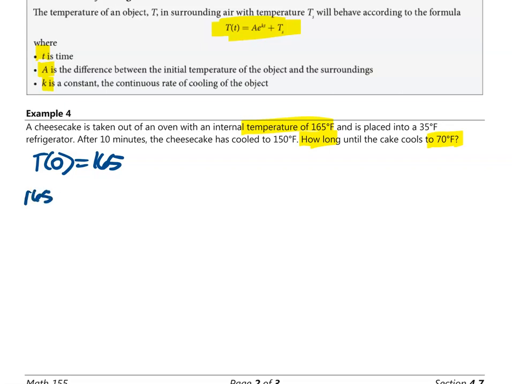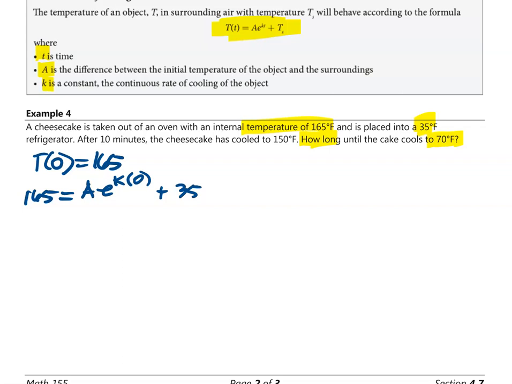So 165 is equal to A e to the power of k times 0, when t is 0, plus 35, placed in the 35-degree refrigerator.